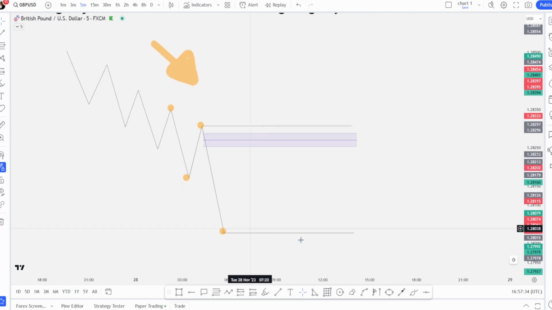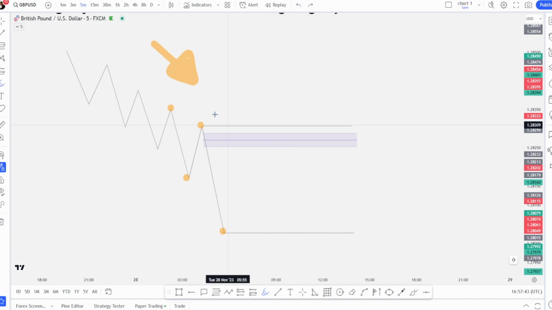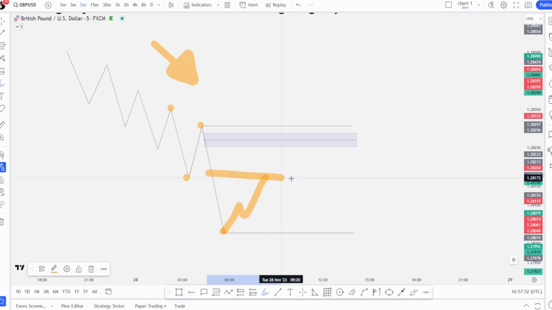So for this range right here, you can see it's clearly larger than the previous ranges. And again, we will go and show you some live chart examples of this. This is clearly larger than the other ranges, right? Which means you can expect price to want to mitigate to at least the 50% of this, right? Now, of course, this is a 5-minute high and a 5-minute low.